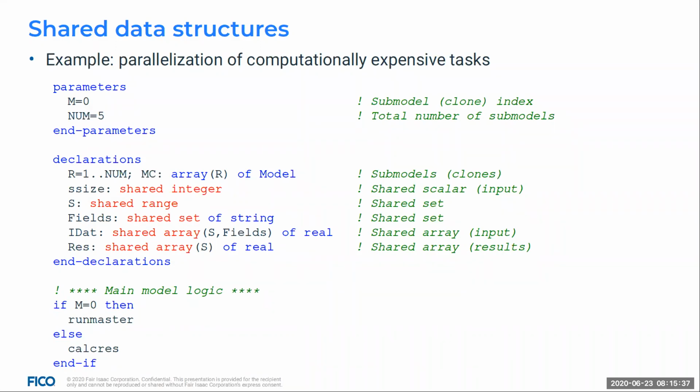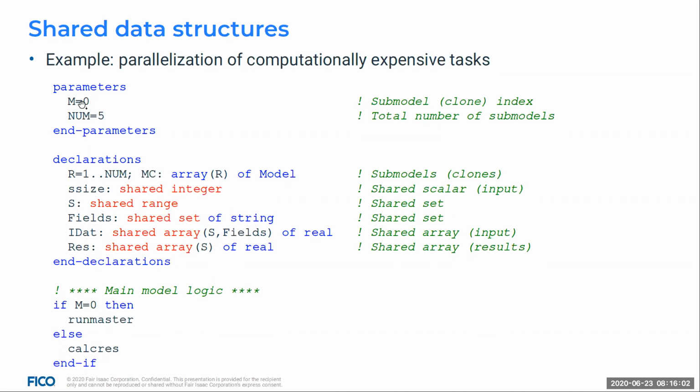And so one may want to think about ways of parallelizing these tasks. So here I have shown various definitions of an integer scalar that is shared, a range set that is shared, a set of string that is shared, and two arrays over these sets that are being shared. And I have again the same setup.